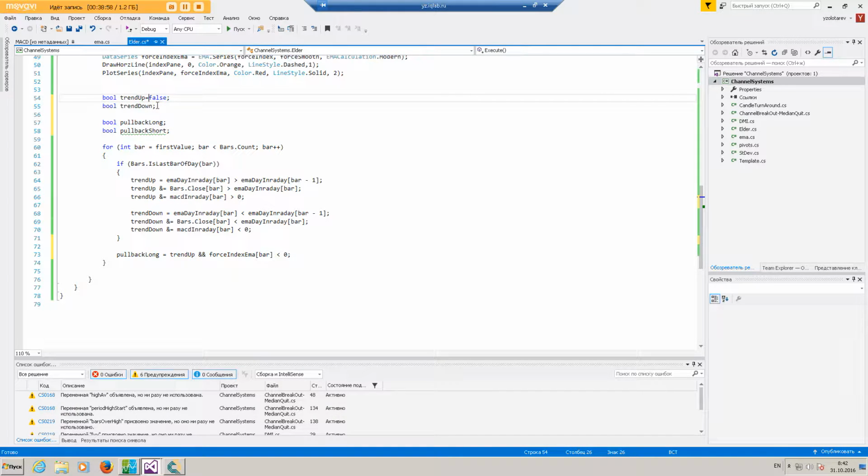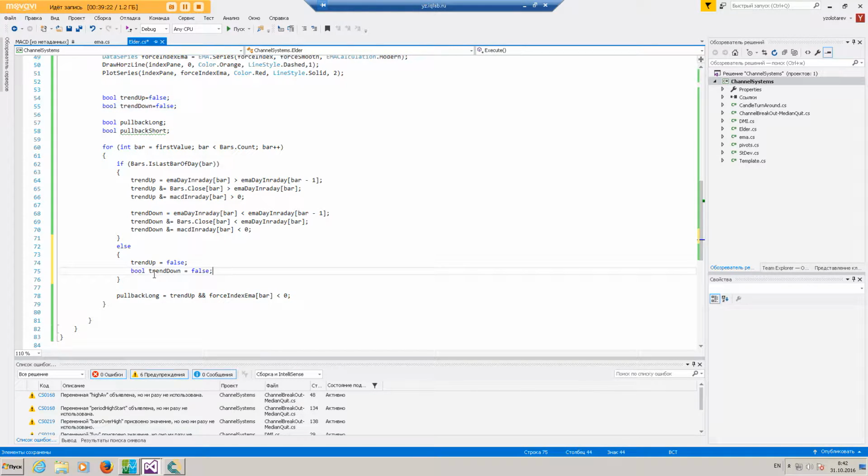So it equals false by default, and we can have it true only if it becomes true right here, else it's false, right? Once it becomes true right here, we need to write like this as well.